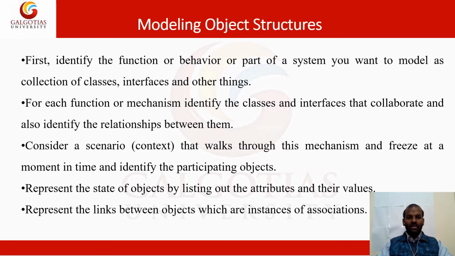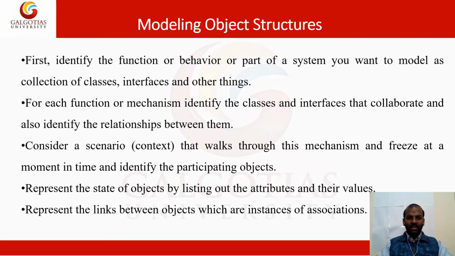All these topics we will cover one by one in this lecture video. First of all, we want to discuss what is meant by modeling an object structure. First, identify the function or behavior, or a part of the system, you want to model as a collection of classes, interfaces, and other things.